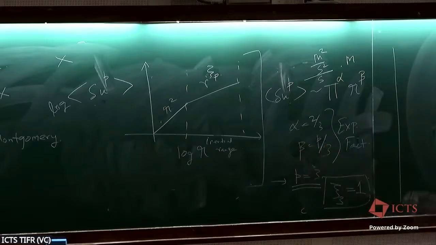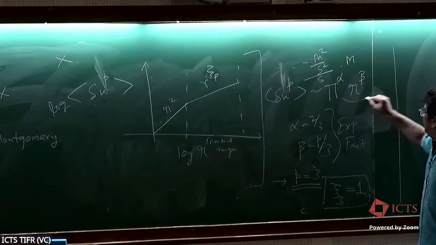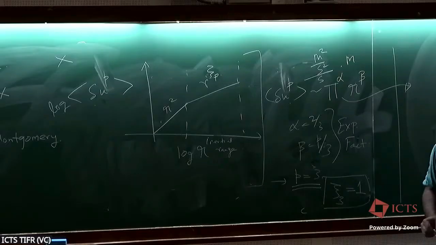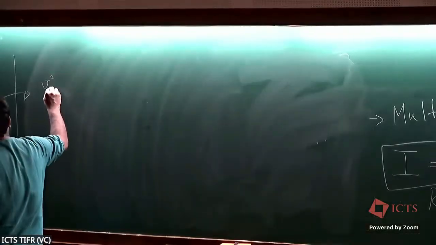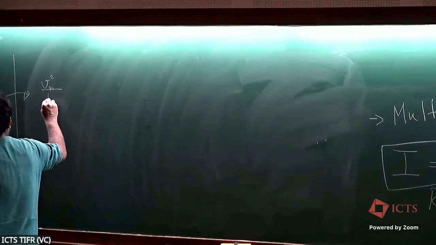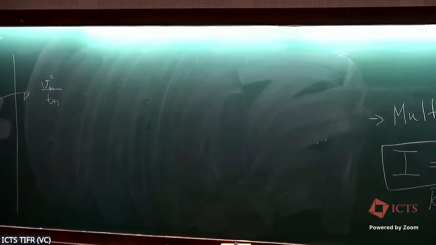So another way to think about it, Abhishek, is, remember I had drawn these little eddies at length scale r. You can think about the rate at which the kinetic energy on such an eddy jumps over to the next one.